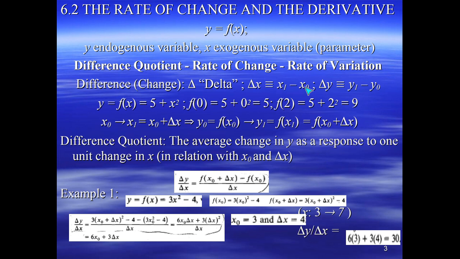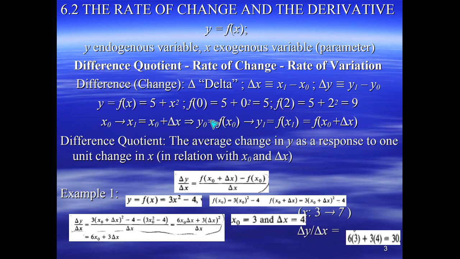If delta x is x1 minus x0, then x1, just adding plus x0 to both sides of this equation, or this equality. In fact, this is an identity more than an equality. It's a definition. But if we add plus x0 to both sides, we obtain x1 equals x0 plus delta x. So the final position of x is equal to the initial position of x plus some change, the delta x.